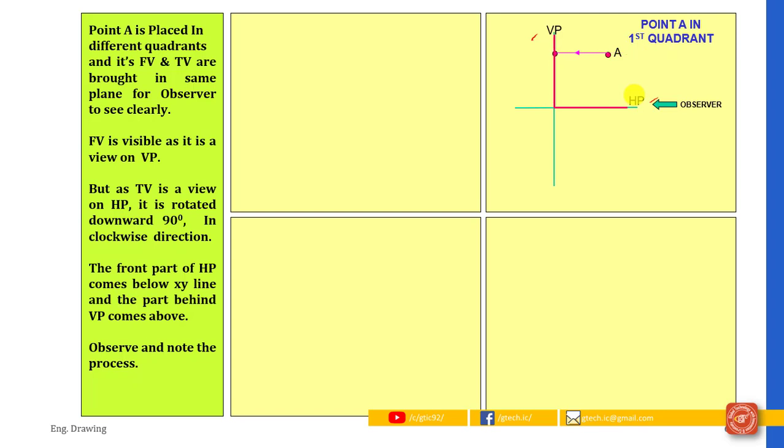The point is shown on the VP as A dash and the point A is located on the HP. And now let's rotate the plane of the HP 90 degrees downward and here you see the point A.